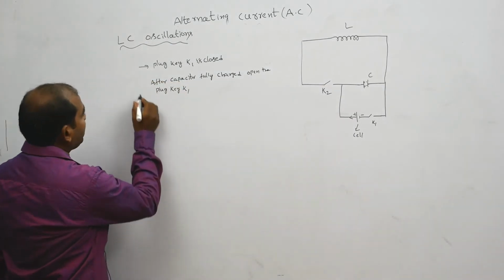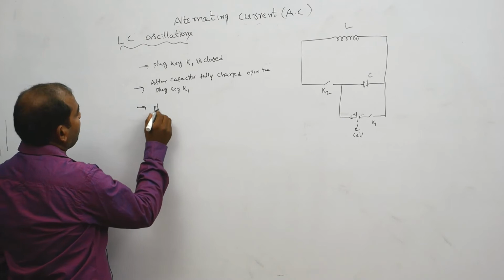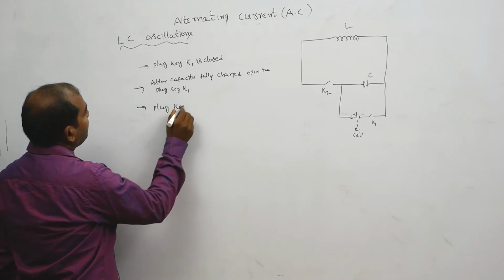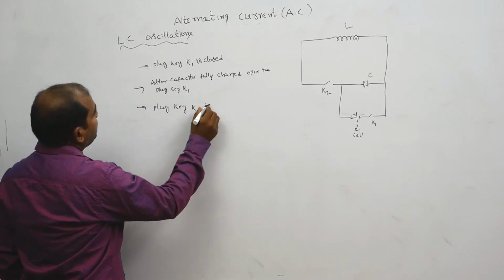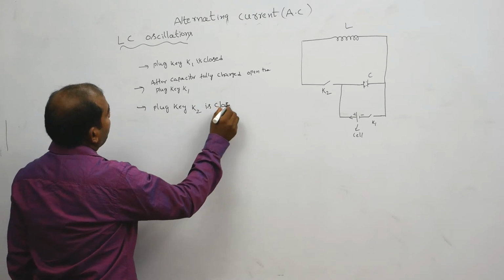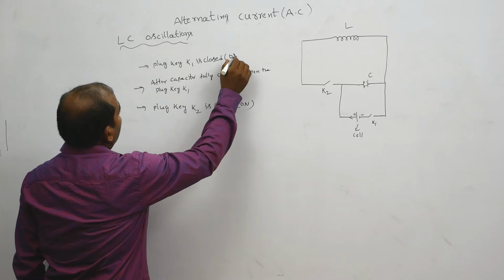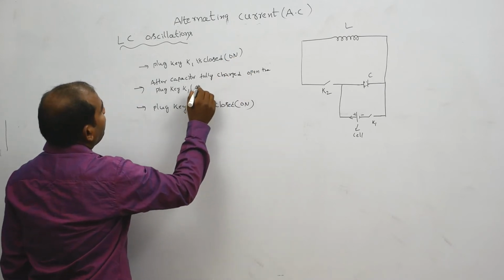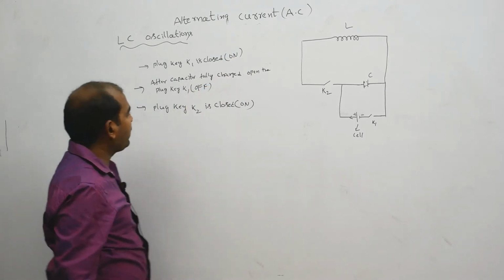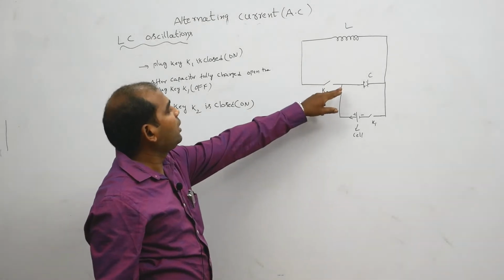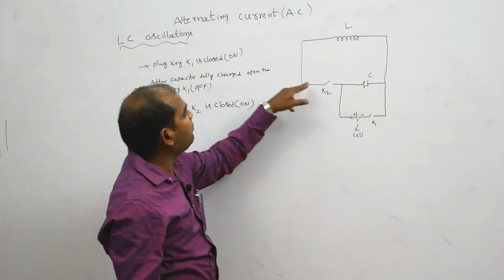Closed means on. This is on. Open the plug key means off. When the plug key K2 is on, now this circuit is completed.